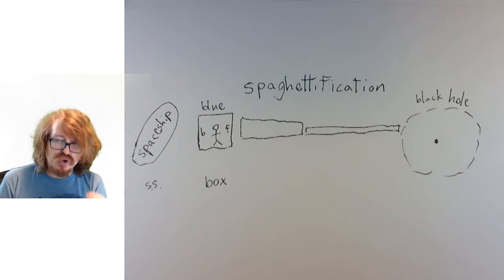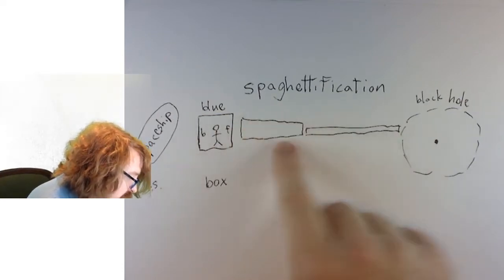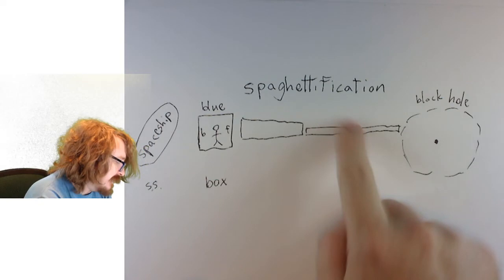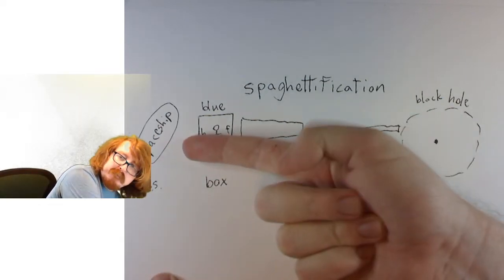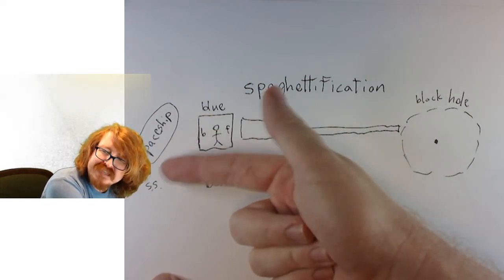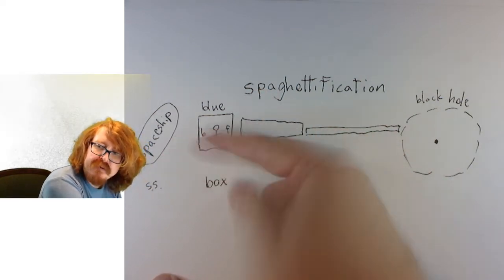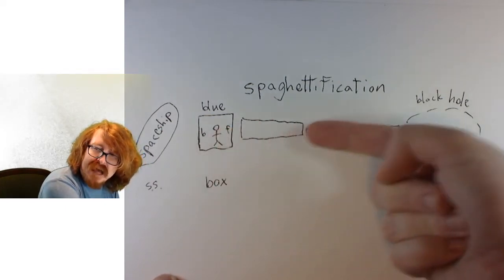Time will feel normal to him. So he would not experience his time slowing down. But if he looked back at the spaceship, what would it seem like was happening to time in the spaceship from this guy's point of view as he falls into the black hole?